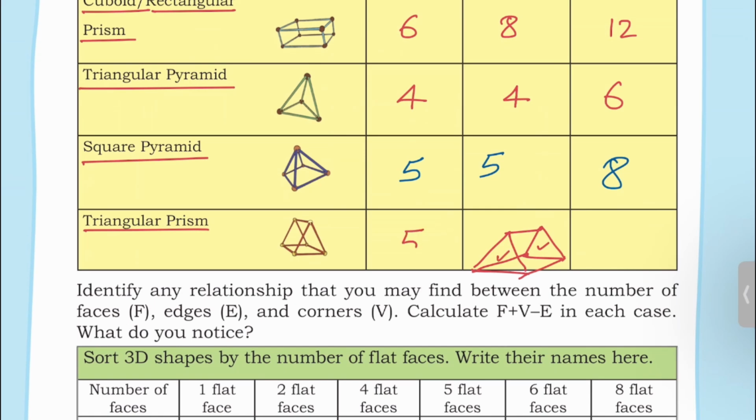That means 5 faces. Number of vertices 1, 2, 3, 4, 5, 6. 6 vertices or corners and number of edges 1, 2, 3, 4, 5, 6, 7, 8, 9. 9 edges.